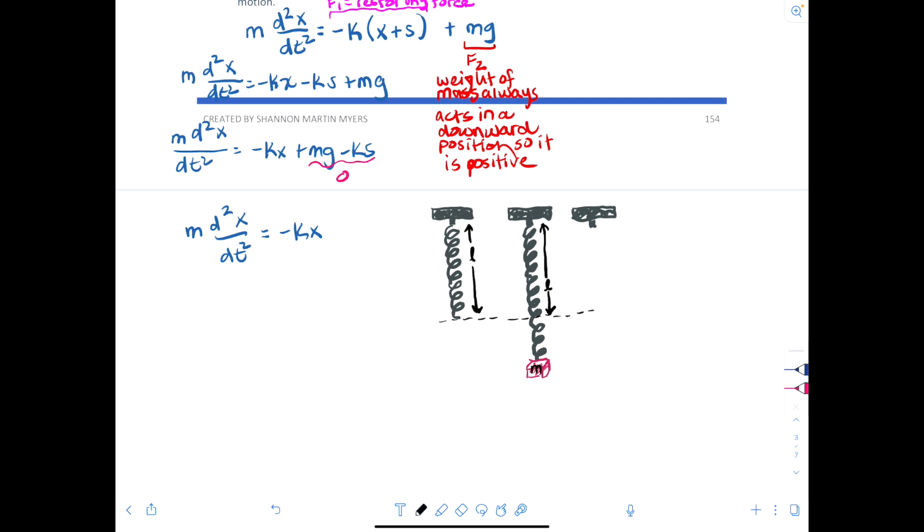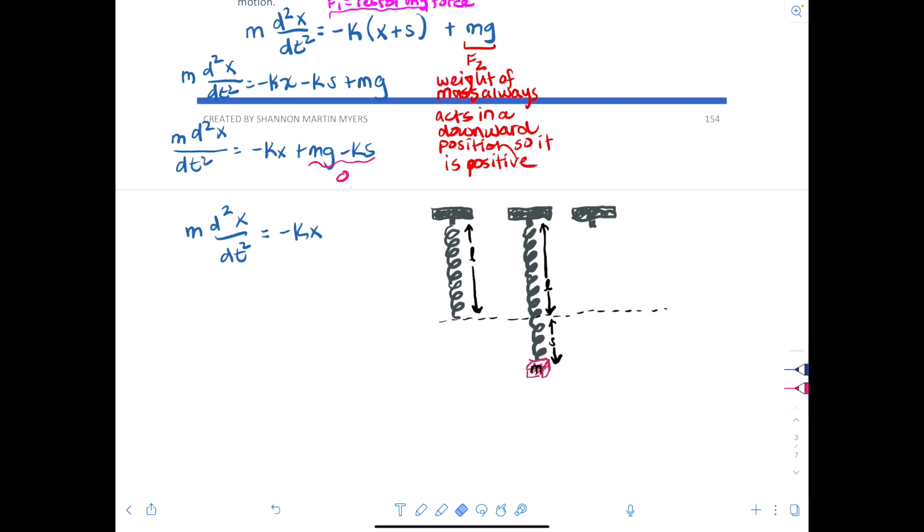And so the amount of displacement is denoted by S. So this little measure here is going to be our S. Cool so far? Now, this will carry over. This is still our equilibrium point.